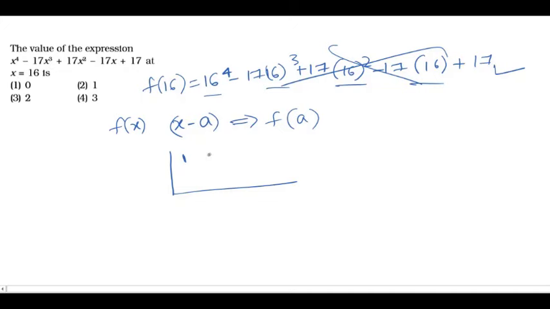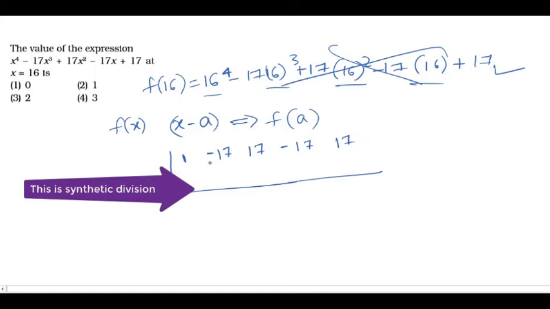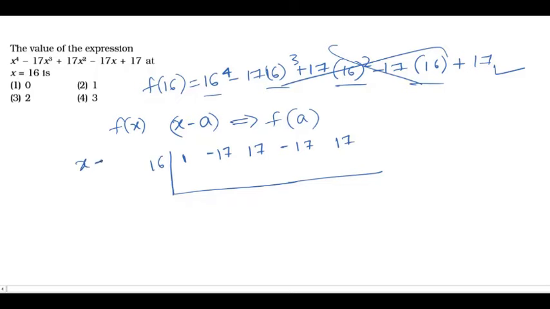So the coefficient of x power 4 is 1, x cube is minus 17, x square is 17, x is minus 17, and then the last constant is 17. So we need to divide it with 16. So basically we are dividing the above equation with x minus 16.